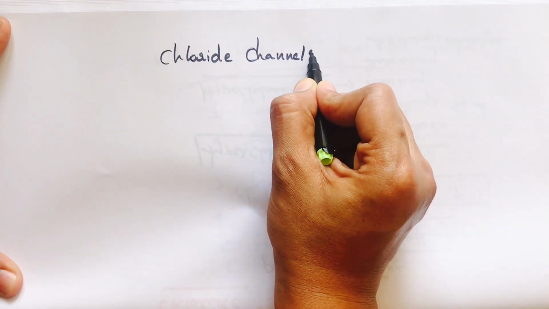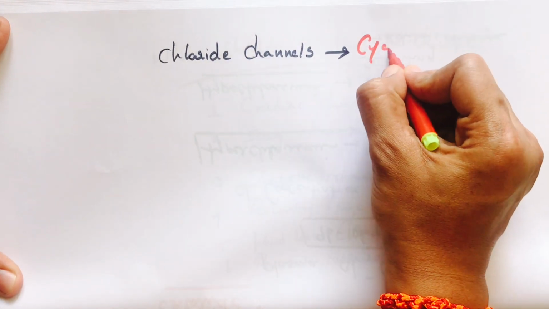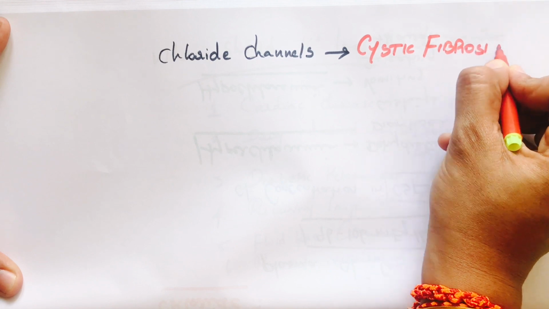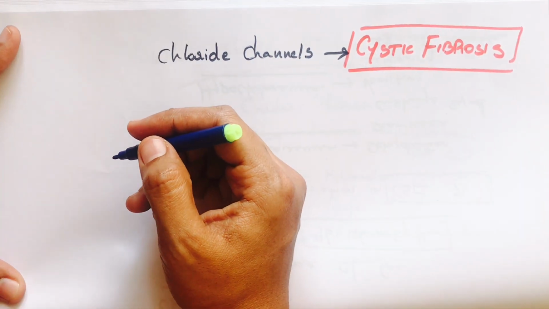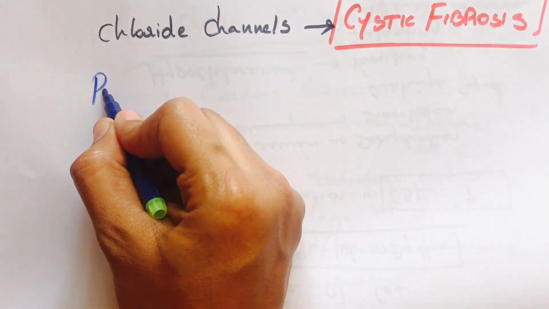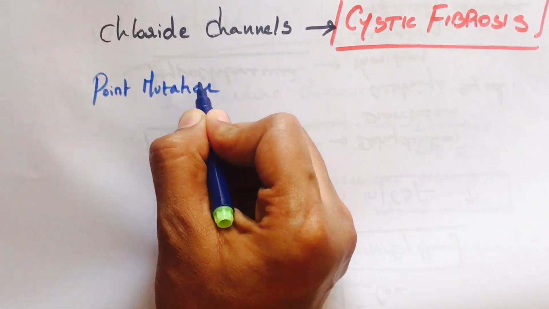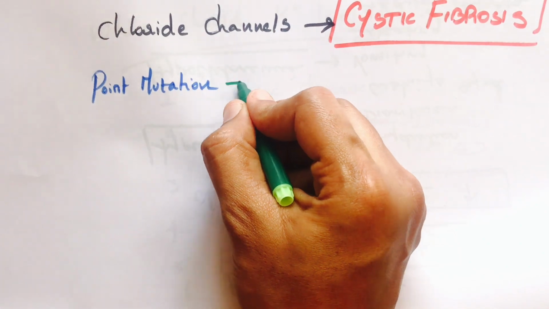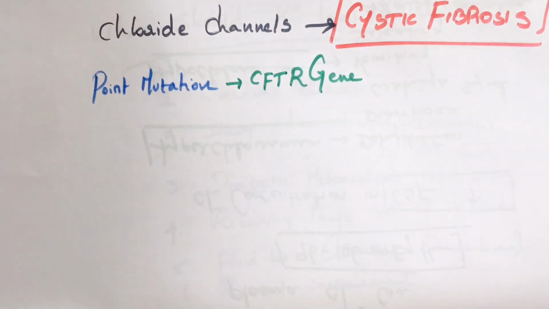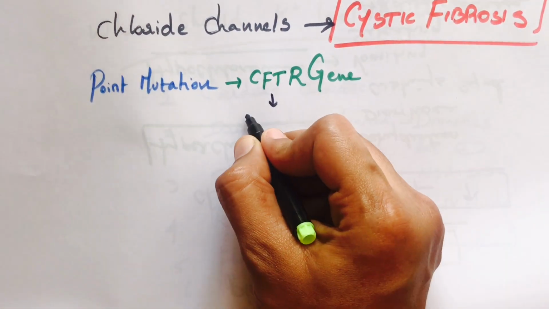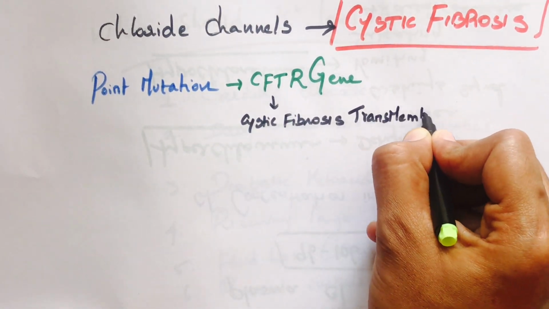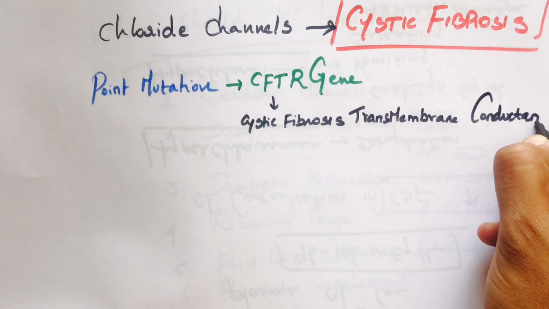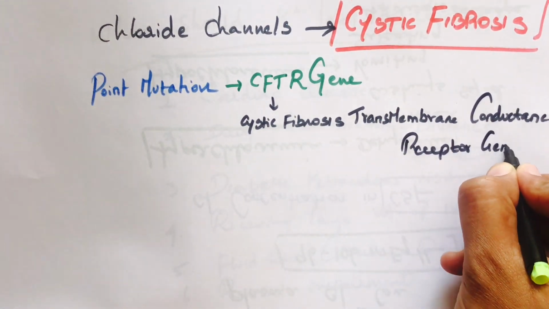When we talk about the chloride channel, we should remember a genetic condition called cystic fibrosis. What happens in this is there is a point mutation in the gene CFTR, and CFTR stands for cystic fibrosis transmembrane conductance regulator gene.